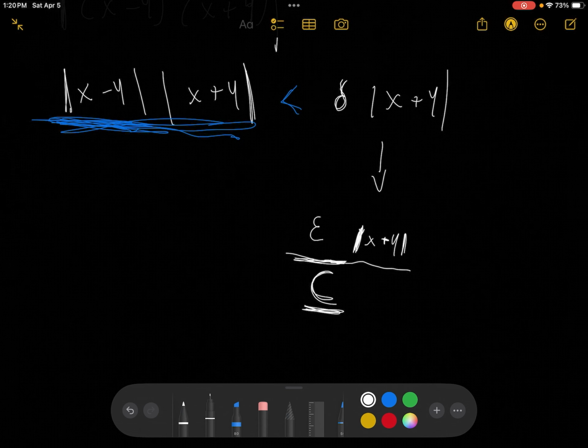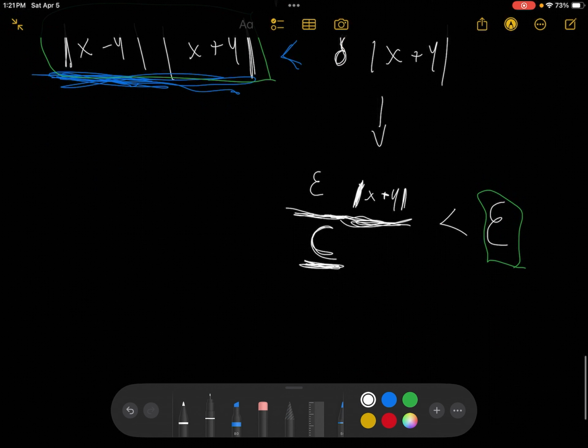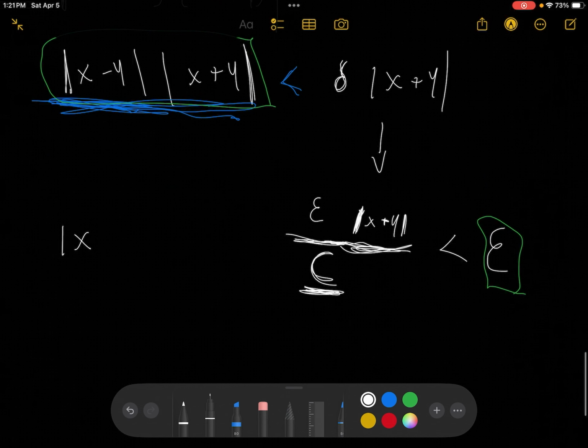And if we can conclude that this number is greater than the absolute value of x plus 4, then we can still end up with the inequality that this is less than epsilon, which would be sufficient to complete the proof. So what we really need to do is find some number c such that the absolute value of x plus 4 is always going to be less than c.